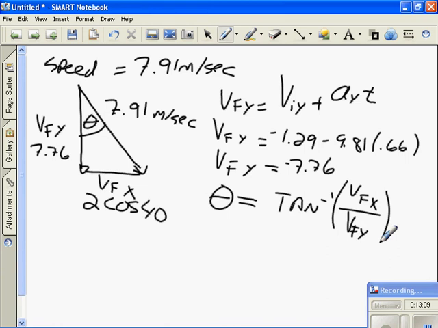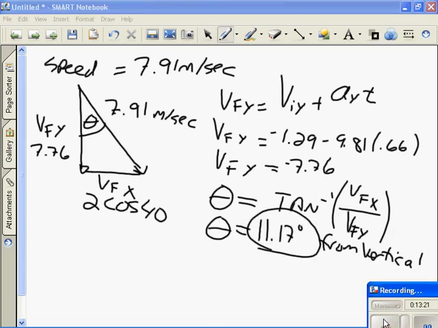Yes, I could have measured it from the horizontal, just get the complementary angle to it. That would have also been perfectly fine. Just let me know which way you measured your angle. So in this particular case here, theta is equal to, so my math is right, 11.17 degrees from the vertical. That's about as complicated as I can make it.